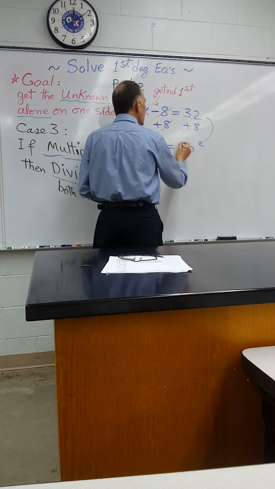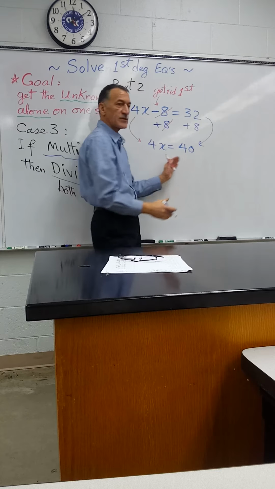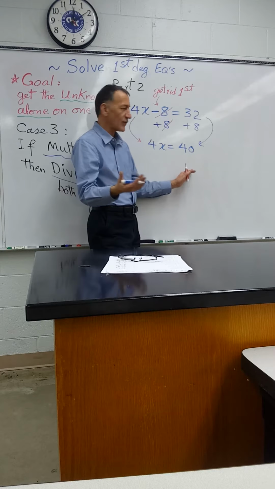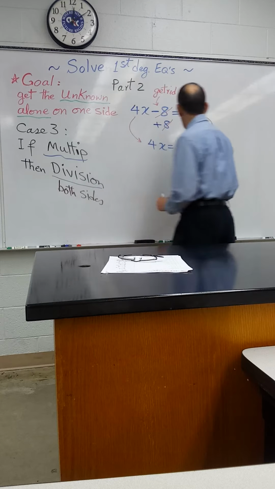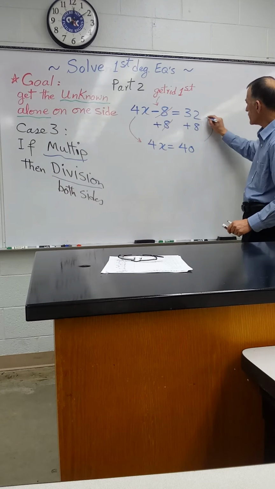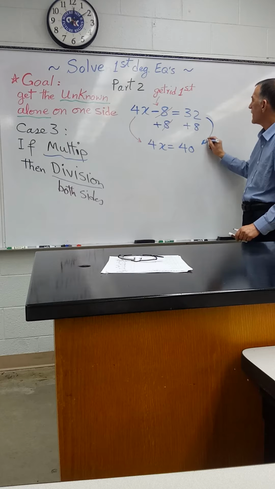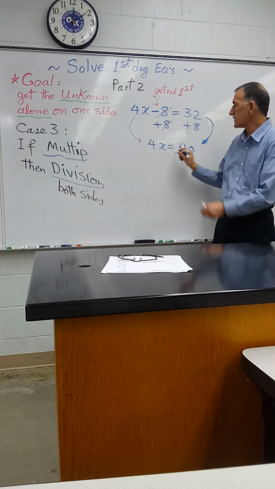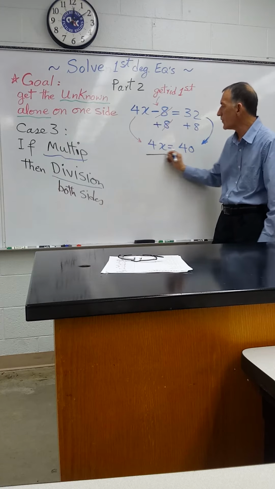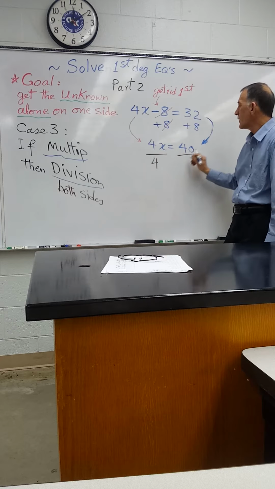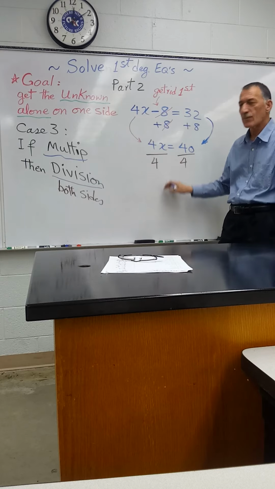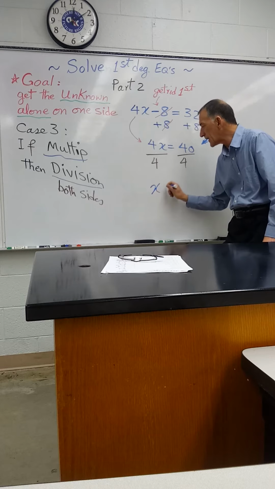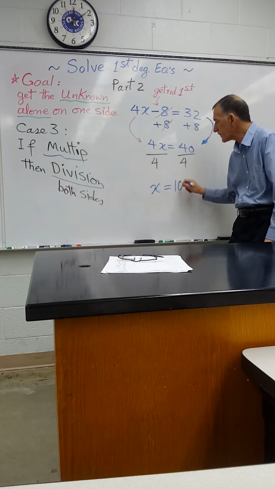So now you have a single term, now you can divide by 4. So we divide by 4, and easily done. And x comes out alone, equal to 10, and that's your answer.